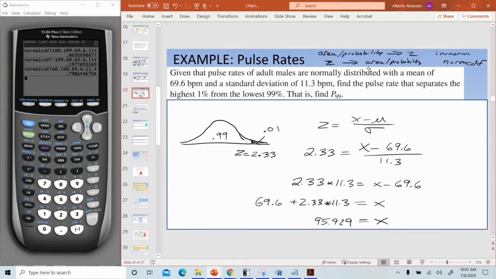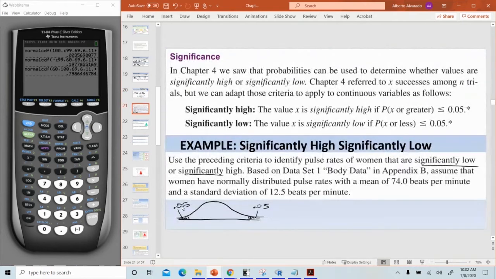If you're given a z-score, or an x value, and you want the area or probability, use normal CDF. So here we're given a probability. The probability for the area is 0.05. So it's actually inverse norm.